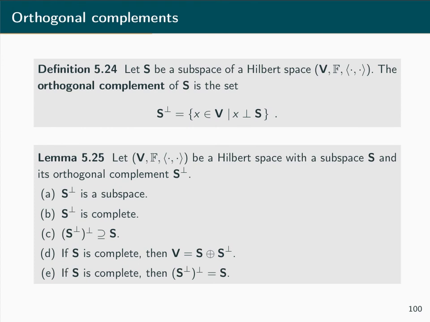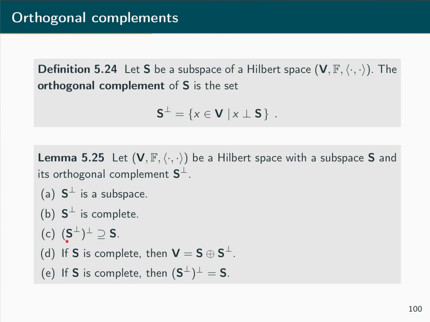For now, we just state a few basic facts about orthogonal complements in lemma 525. So let V be a Hilbert space with a subspace S, then the following statements hold for its orthogonal complement S perp. A, S perp is also a subspace of V. B, S perp is complete.